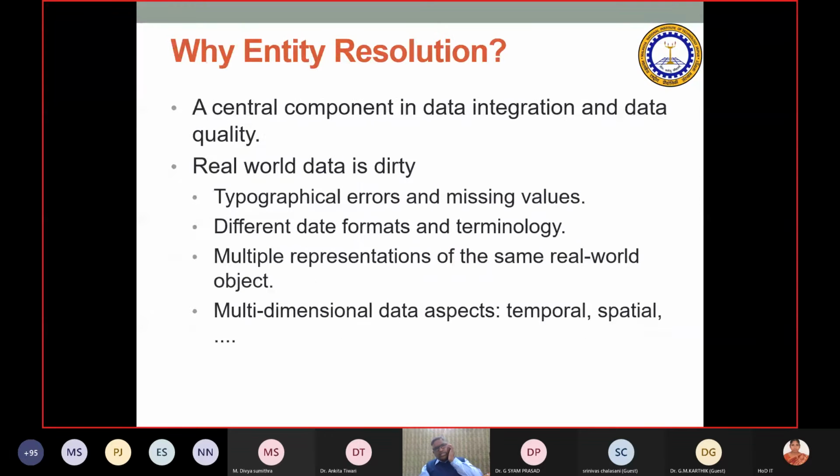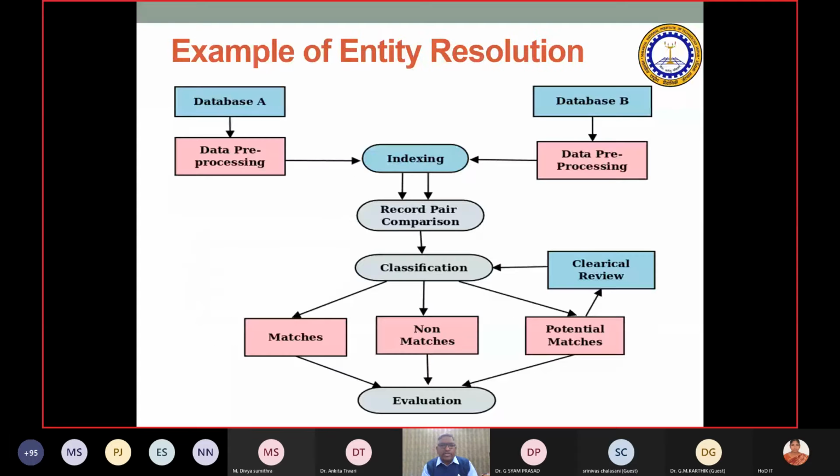So the central component in data integration and data quality is entity resolution. Real world data is said to be dirty for various reasons. As we store the data, it is very dirty. Now, how do I clean it? As we see, there is database A and database B. Data preprocessing is happening, indexing is happening, record pair comparison is done, then you classify it and say whether it is matching or non-matching, or maybe it is almost close.